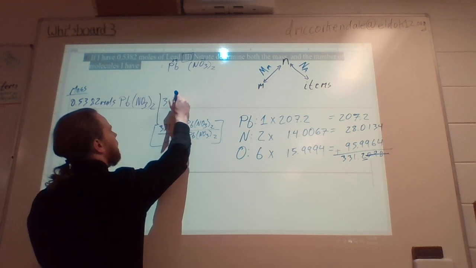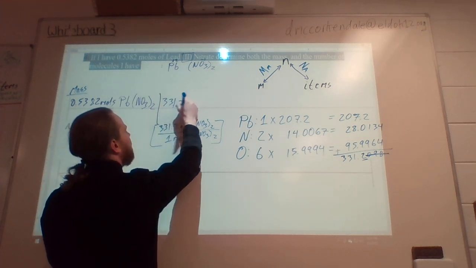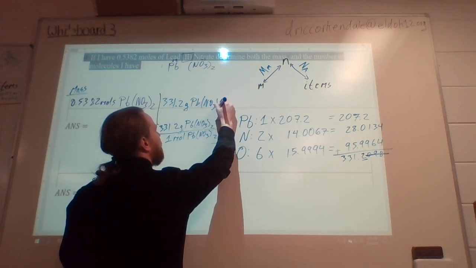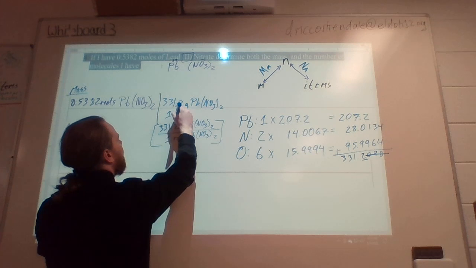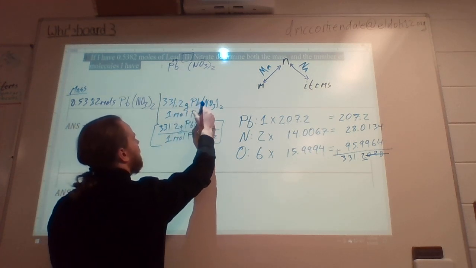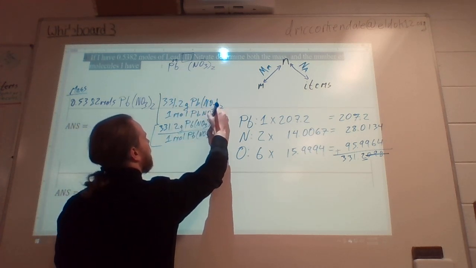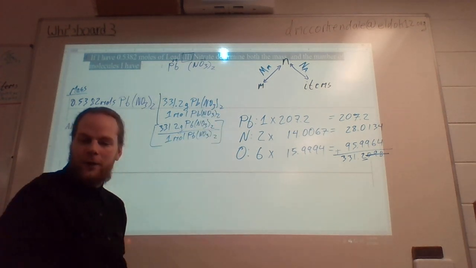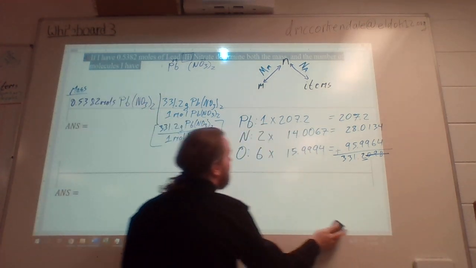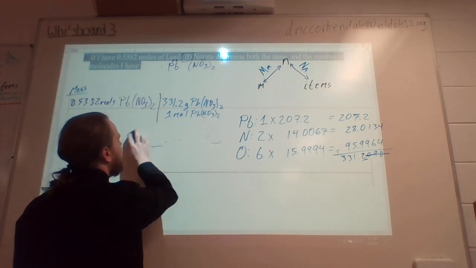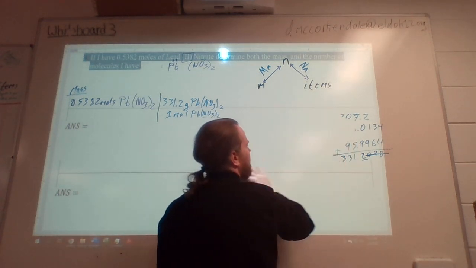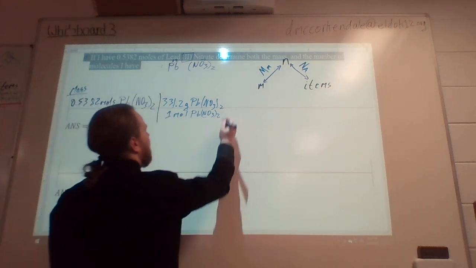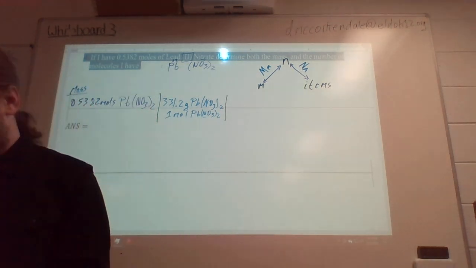So 331.2 grams PbNO3 2 over 1 mole of PbNO3 2. Obviously, you want to give yourself more room than I did right here. I'm going to go ahead and erase that because it's kind of in the way. Now that we have it, we put our marker to indicate that is the end of our fraction.